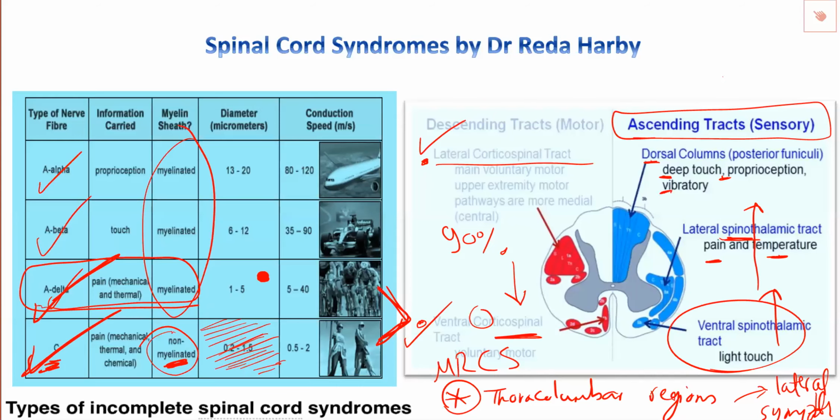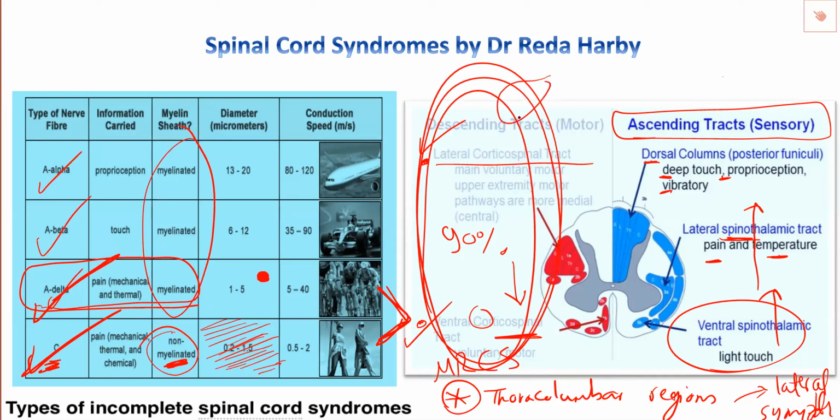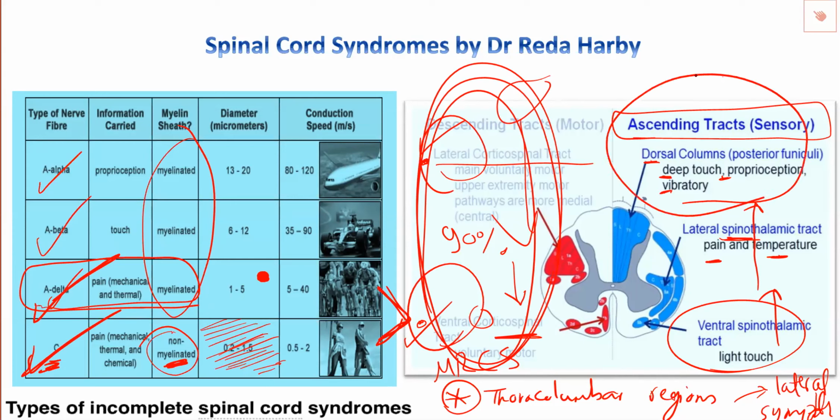Don't forget the tracts again. We have descending pyramidal tracts, motor, corticospinal from the cortex to the spine, so lateral corticospinal and ventral corticospinal. Don't forget the ascending tracts of the dorsal column in dorsal or posterior cord syndrome.